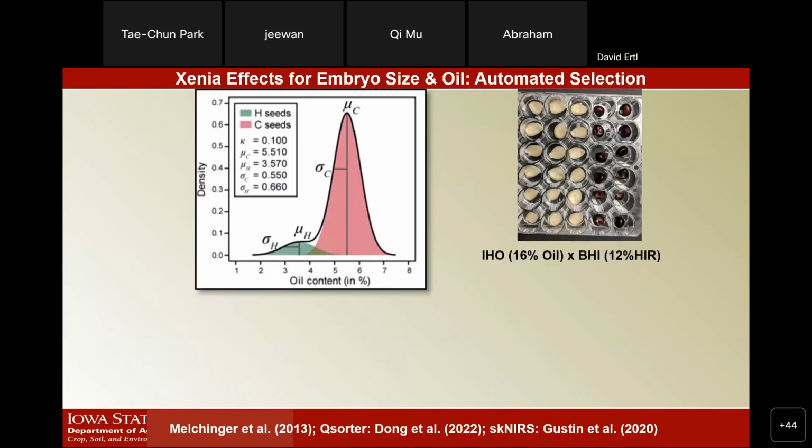One of those is oil content as a means to help with sorting the about 10% haploids from the remaining 90% heterozygous genotypes that you don't want. The concept came from Professor Chen in Beijing, but really Professor Melchinger in Hohenheim pushed this concept further ahead. High oil inducers became available there.